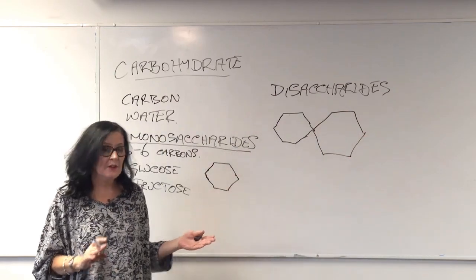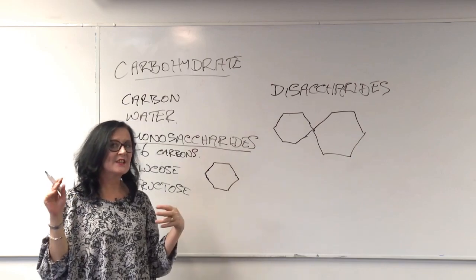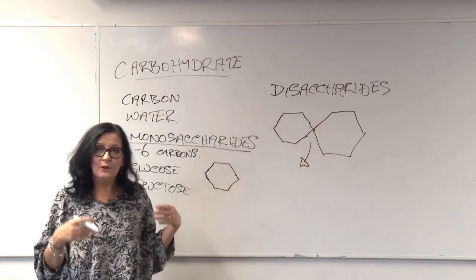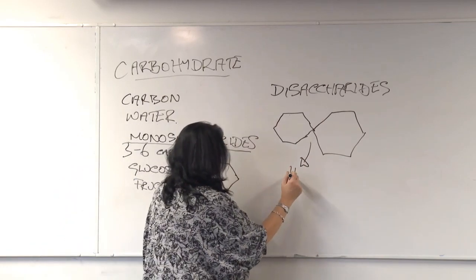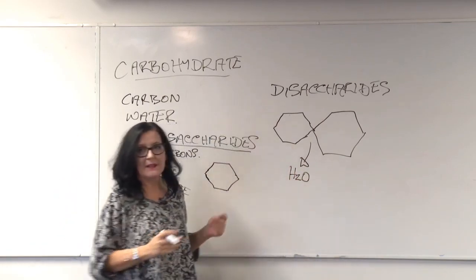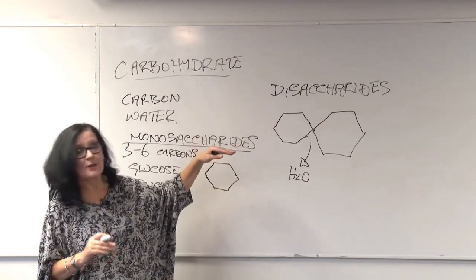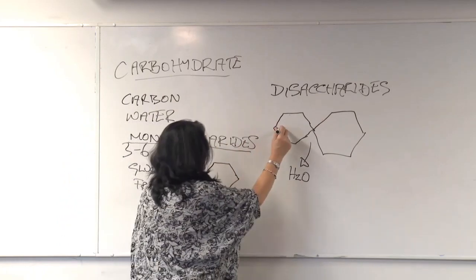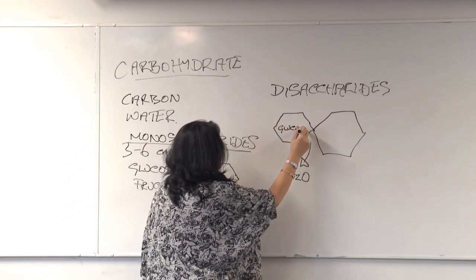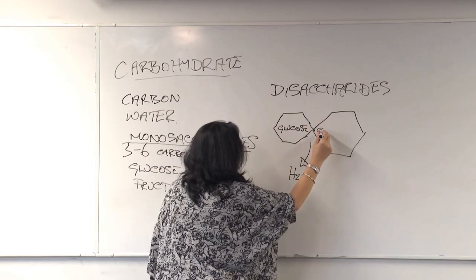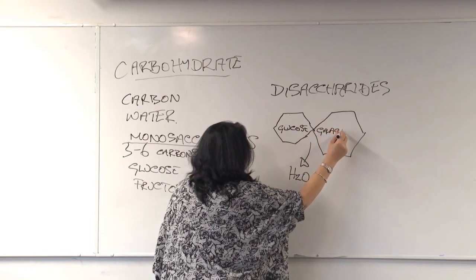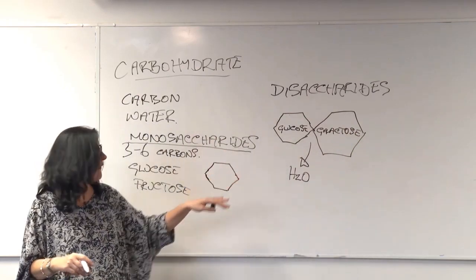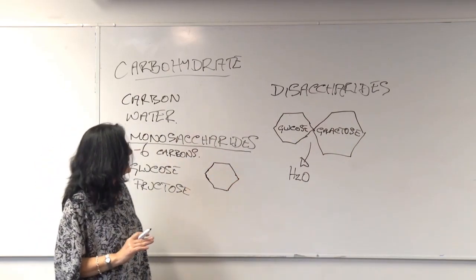They're joined together through that condensation reaction. So, in other words, we're talking about the removal of water. And we join them together. And of course, the example we talked about was lactose, which is glucose and galactose. I'm glad I made that one slightly bigger. I can fit galactose in. So these are our disaccharides.